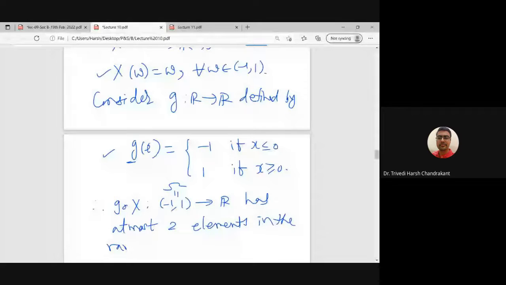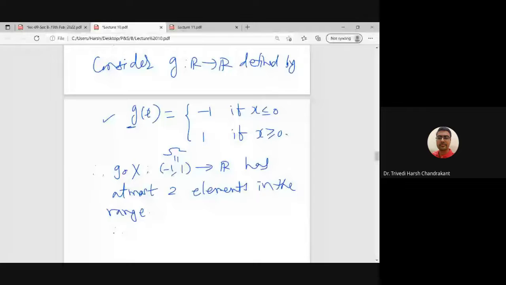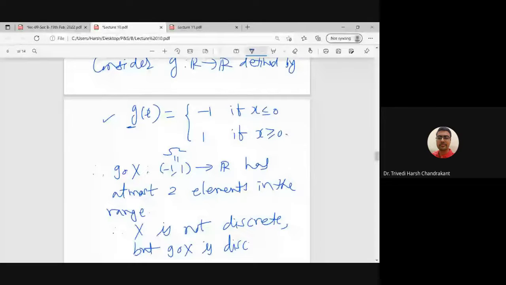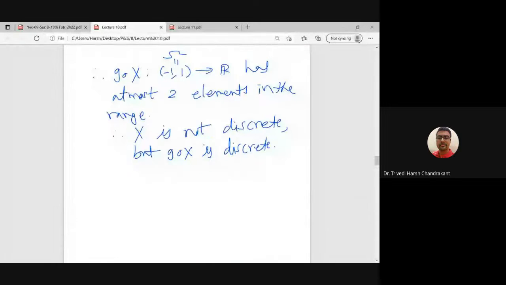Therefore X is not discrete, but the composition g composed with X is discrete. It is a discrete random variable. So if X is discrete, for any real valued function g the composition is discrete, but the same is not true if X is not discrete. So that is this example.